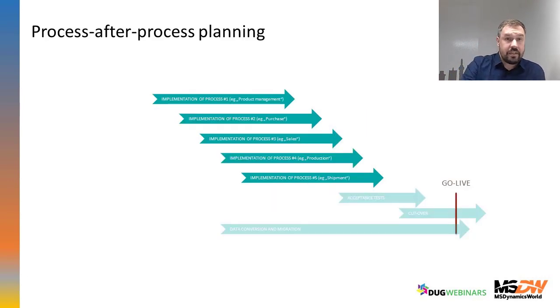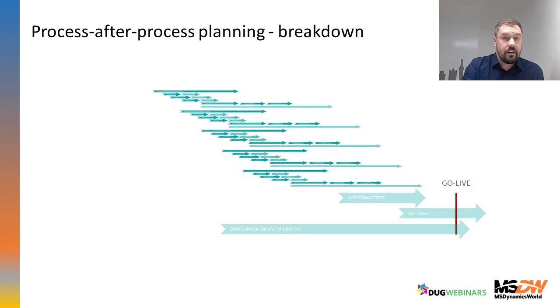So this is process after process planning, and this is how it can look like in the breakdown. Of course you have to manage all the small parts you see here. So the priority one tasks of process number one, priority one tasks of process number two, priority one tasks of process number three, then the priority two tasks, and so on. Training, internal tests, training of the customer, then the customer test.